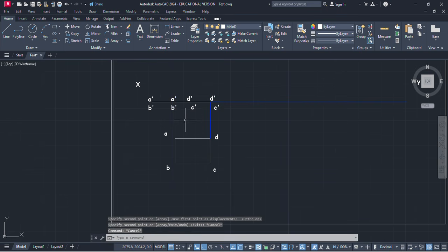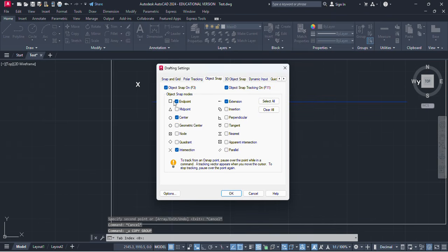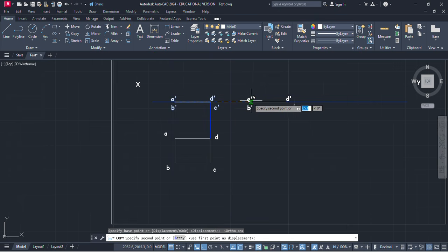Okay, this is not working. Why? Because of the snap tool. Just click on the right side of snap setting. So in my line only endpoints are highlighted as per this command. So I'm going to select all. Now I'm going to select this. Now just copy this from this point to here.